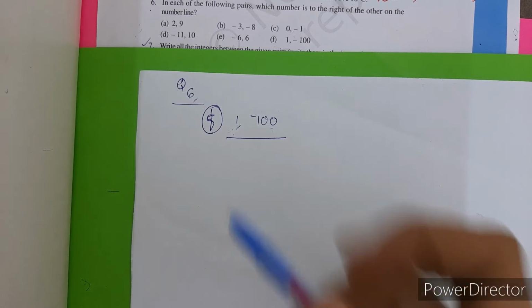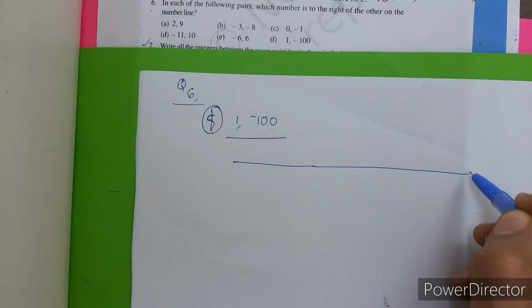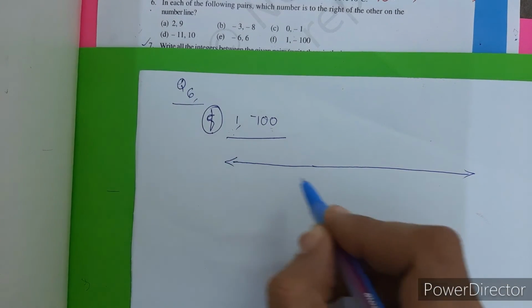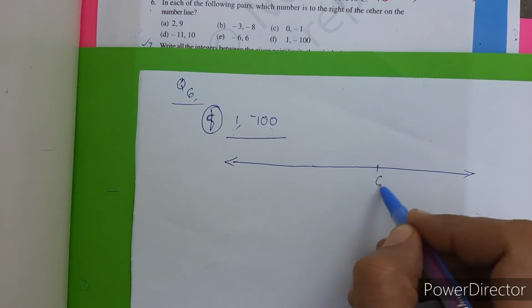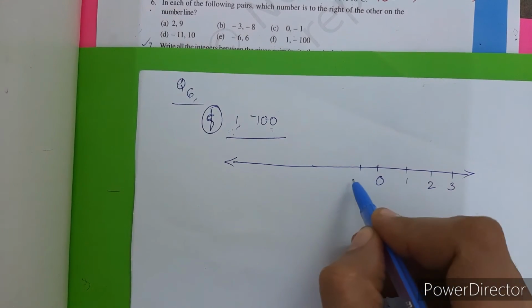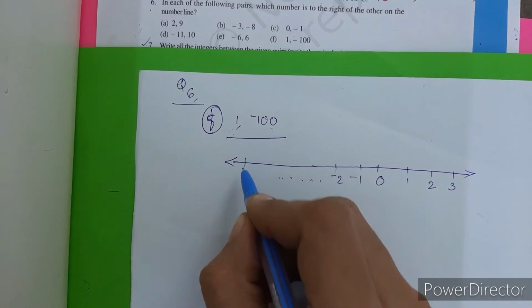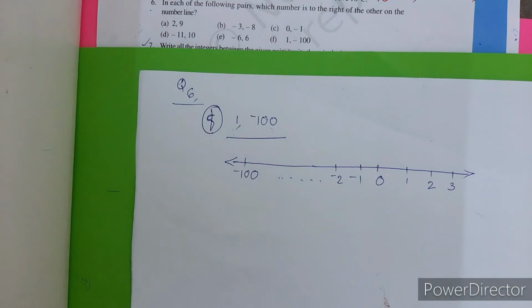Before that, I'll plot a number line here. This is the number line. This is 0, then 1 and 2, then 3. Then here minus 1, minus 2, then go to minus 100, right?